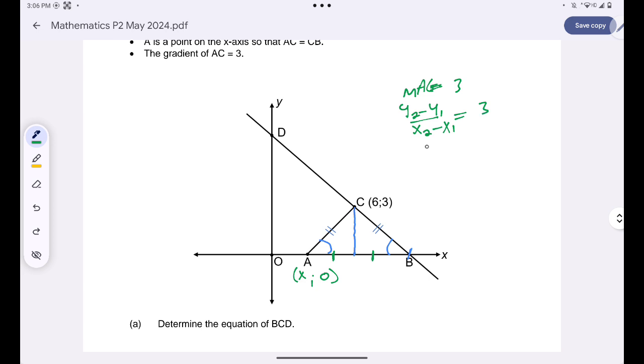So I'll take the y value at C minus the y value at A, which is 0, all over the x value at C, which is 6, minus the x value at A, which is just x. This is equal to 3. I have 3 is equal to 3 over 6 minus x.